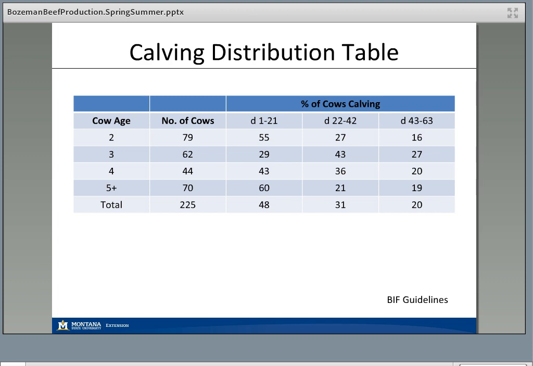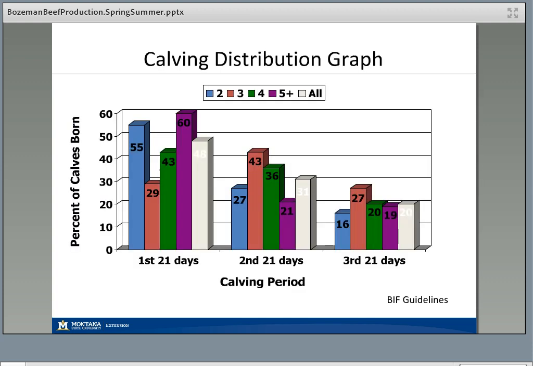Now, the tabular data helps us organize it, but if you're a visual learner, like me, you might look at this same data in graph form, which I'll show you here on this slide. This is the same data from the previous slide, just in graph form instead of a table.